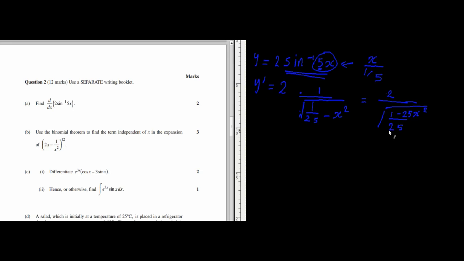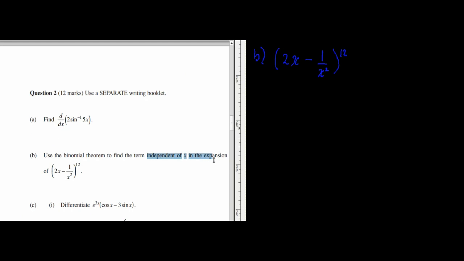And this 25 I can bring out front, so it's going to become 1 on 5, and therefore we're going to end up with the answer 10 on square root of 1 minus 25x squared. Okay, so that's my answer.